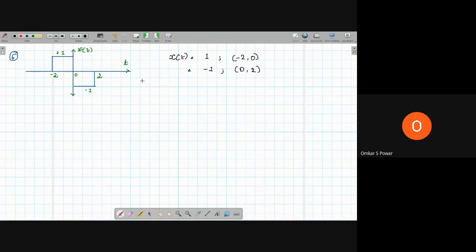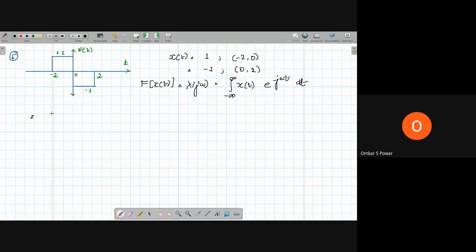Now again, the Fourier transform of x of t is X of j omega, which is equal to the integral from minus infinity to infinity of x of t e power minus j omega t dt.